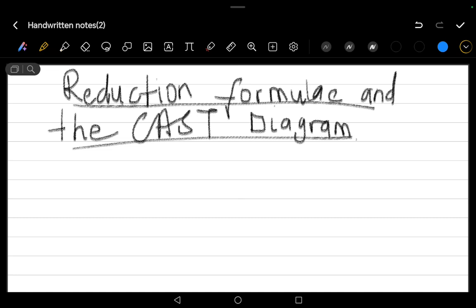And then you still remember the SOHCAHTOA. We're going to use that: sine, cos, tan. Under trigonometry, those are the ratios that we're going to use.